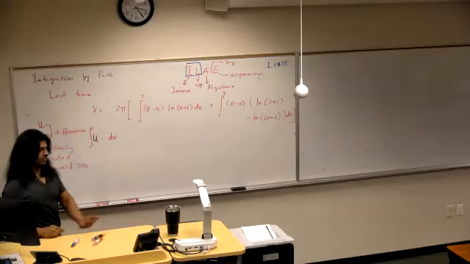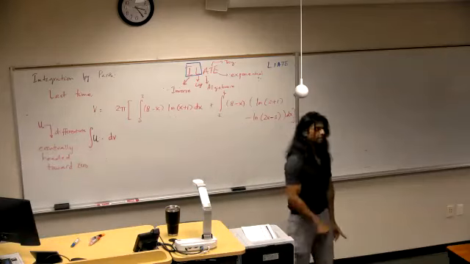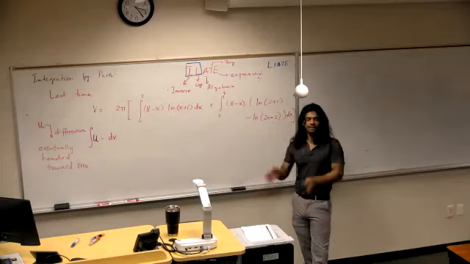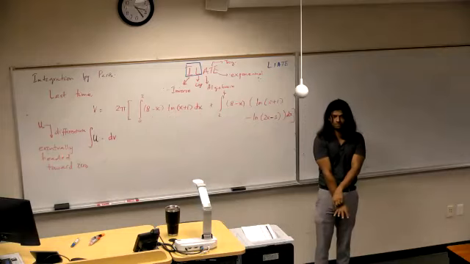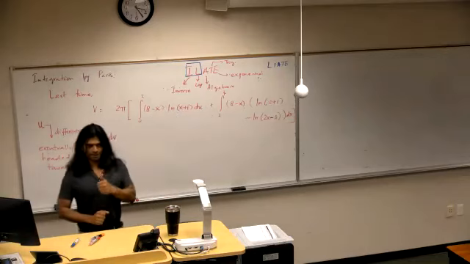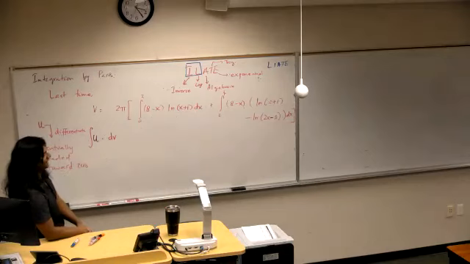Good? So you start with u, you take the derivative once, you take the derivative the second time, eventually the derivative of u must become 0. Good? If it doesn't, you made a bad choice. Let's see how ILATE fails us.